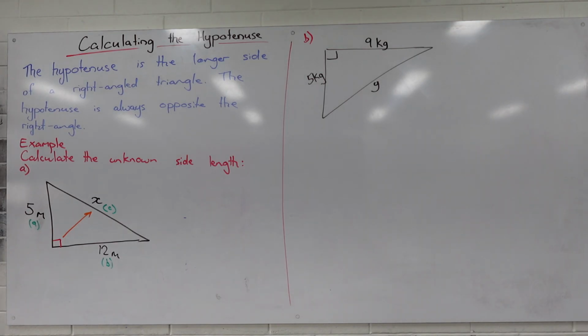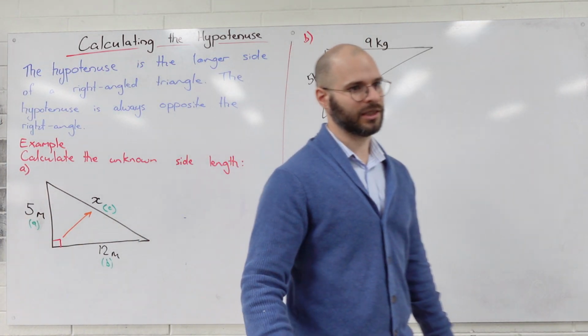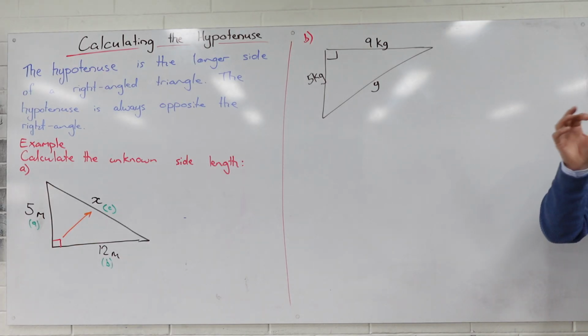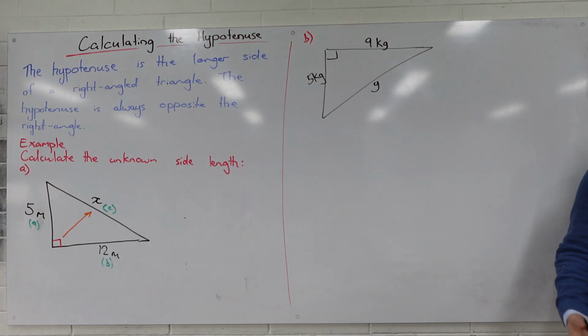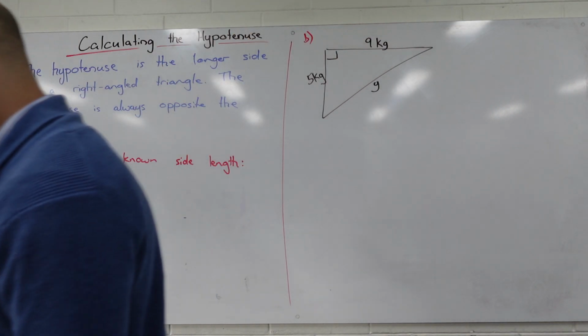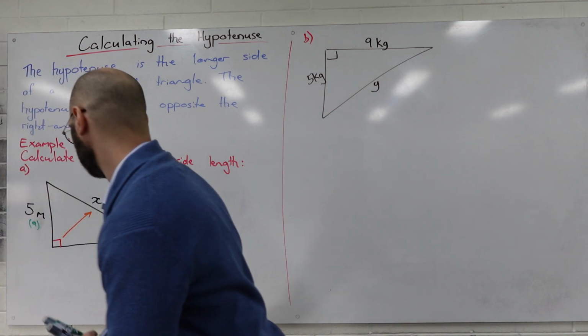So we've got a right angled triangle, we've got an unknown which is x. The unknown also happens to be the hypotenuse in this triangle. Now the question is, how can we actually calculate this? In the last lesson I showed you how to count the squares and do that method, but this one we don't have squares. So what we can do is employ a theorem called Pythagoras' theorem.